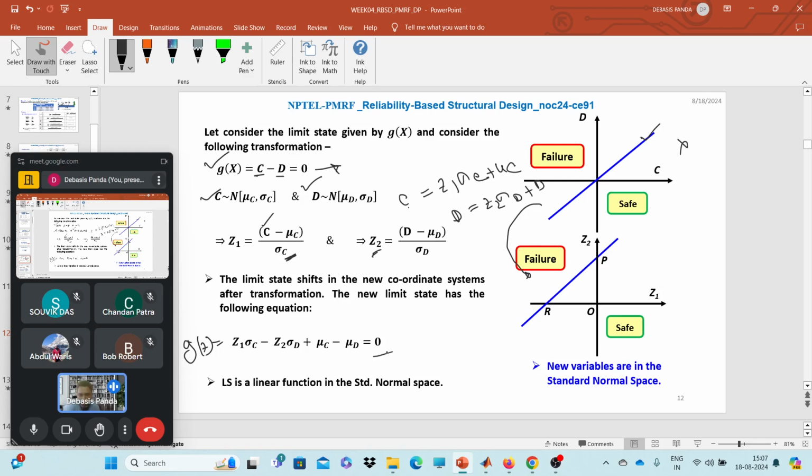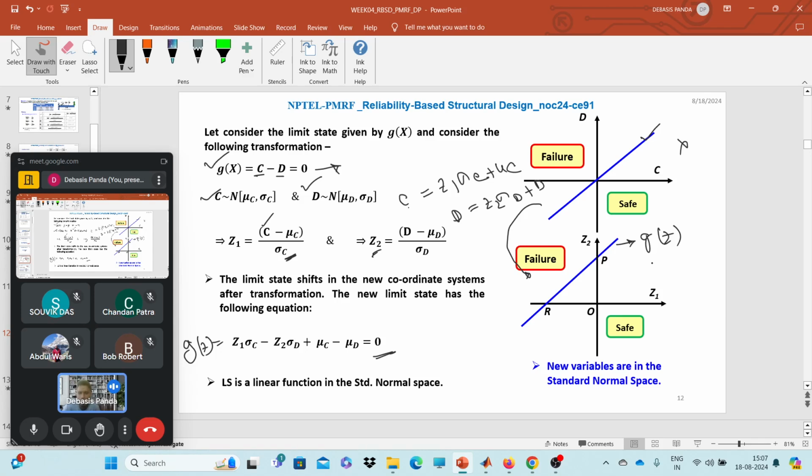So this is the limit state equation we started with in the actual domain x1, x2, and we have converted it into the standard normal domain. So now that straight line will shift here. This is our new limit state g of z in standard normal space. Now in that space, how can we find beta?